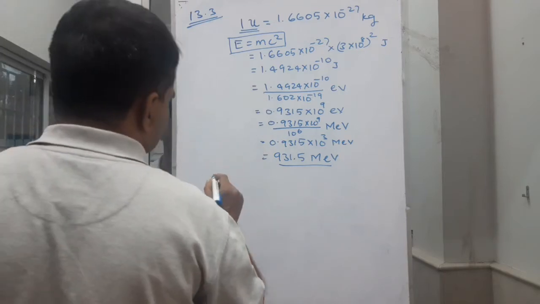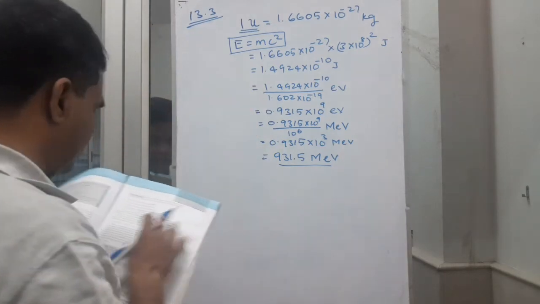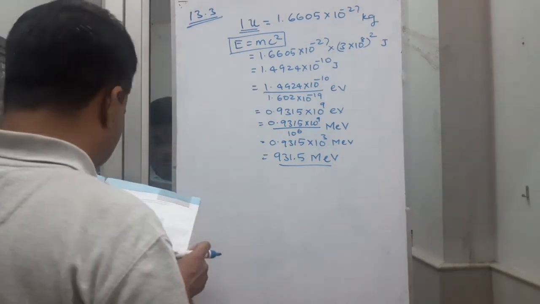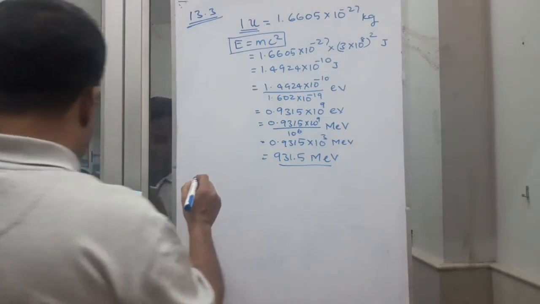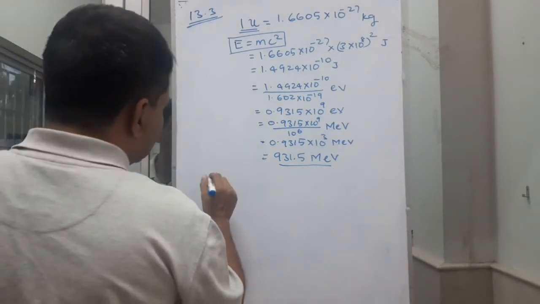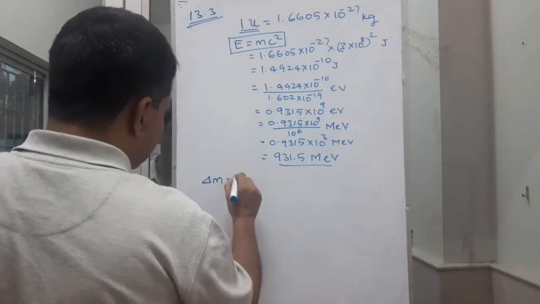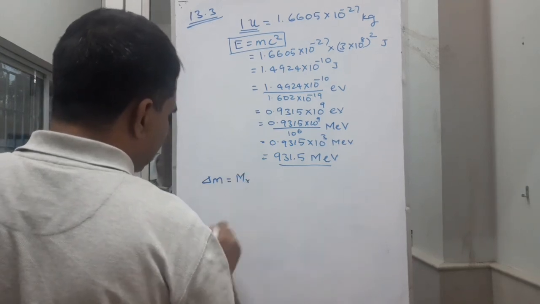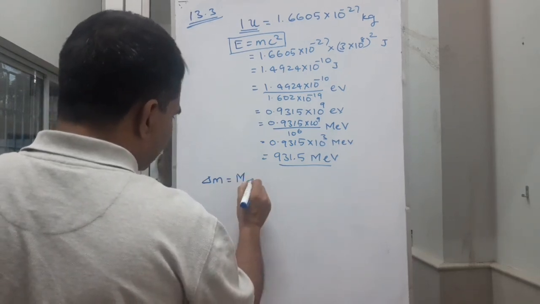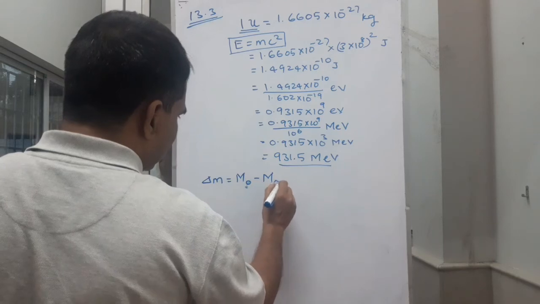So what's the mass defect here? The mass defect, like we just discussed: delta M was equal to the calculated mass, in this case of oxygen, minus the actual mass.